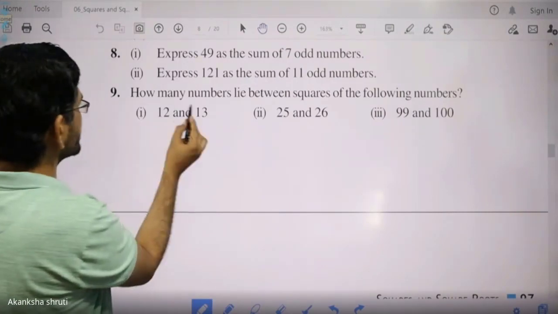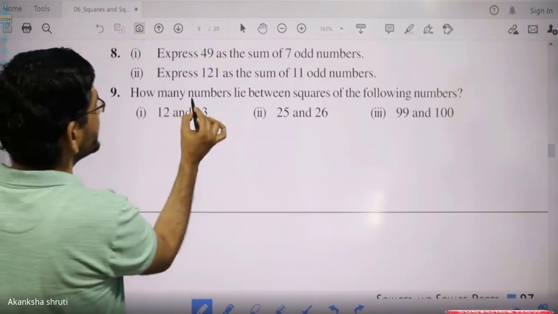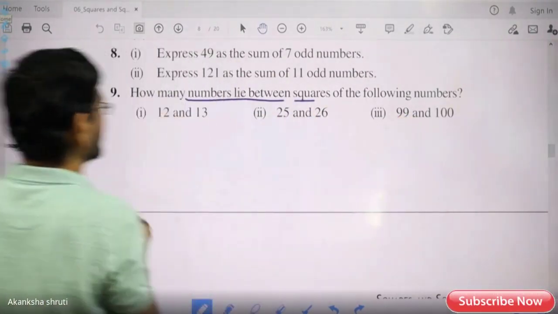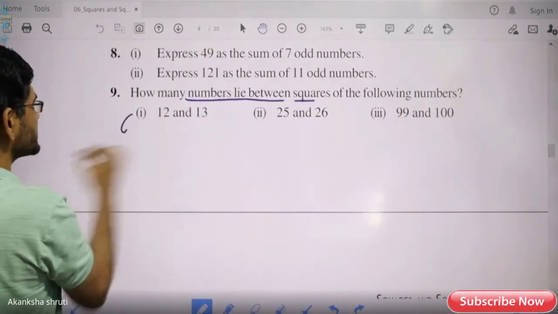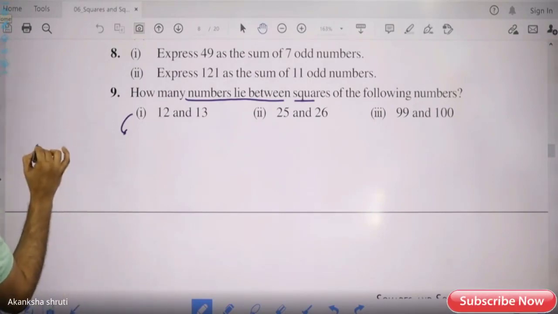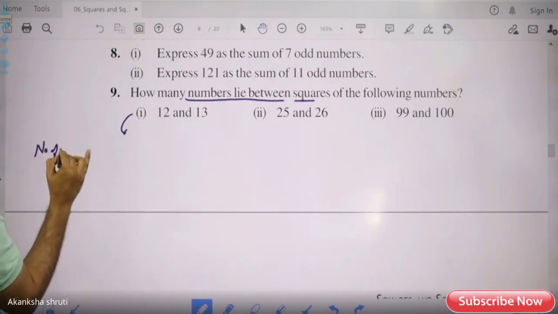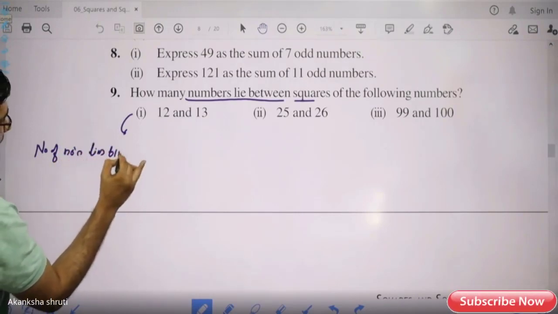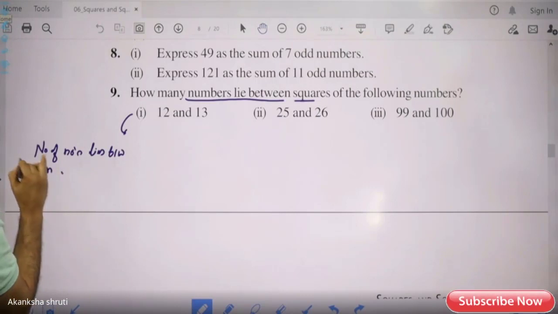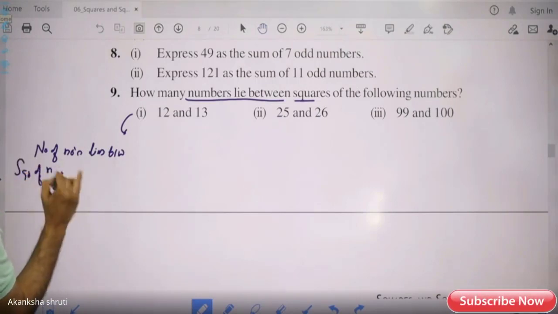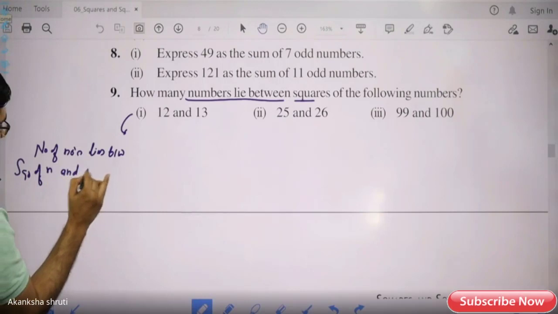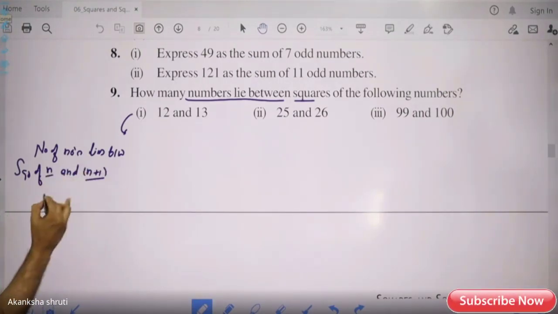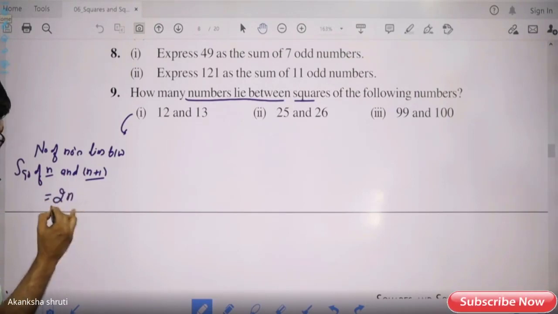Students, based on this, our question number 9 we can do. Let us consider question number 9. How many numbers lie between the squares of the following numbers? So how many numbers? We have just learned that the number of numbers that lie between the squares of n and n plus 1, which should be consecutive, is twice of n only.